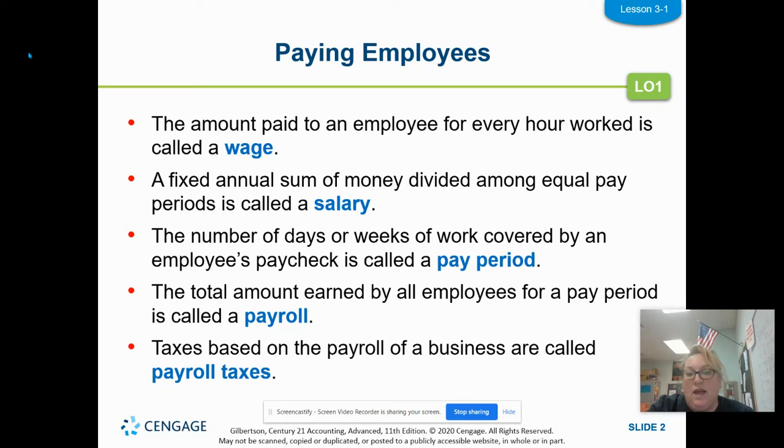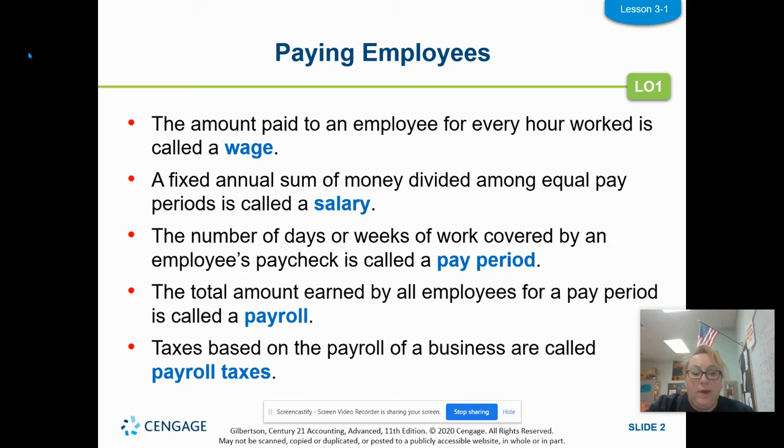Salary is typically paid out either biweekly or monthly, and it's a set amount of money. You typically do not get paid extra if you work more than 40 hours a week. Salary employees can work up to 60 hours a week and still get paid the same amount. Whereas if an hourly employee that gets paid a wage goes over 40 hours a week, you have to pay them overtime.